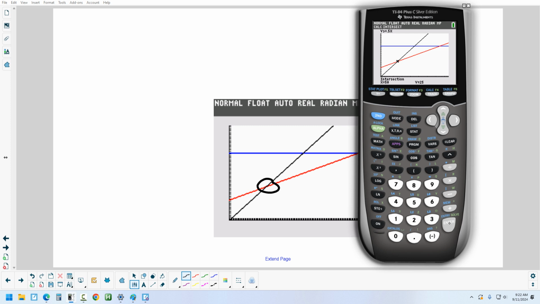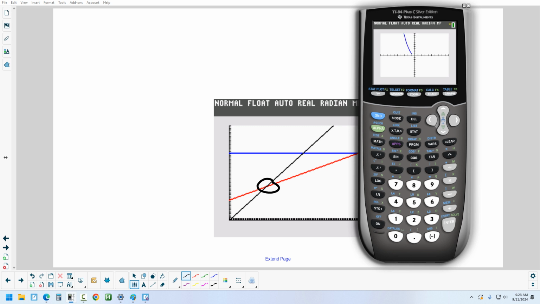Okay. So when does the guess matter? Well, I'm just going to clear all this out. Let's type in x squared, and then let's type in 5. Okay, and I'm going to do zoom 6.